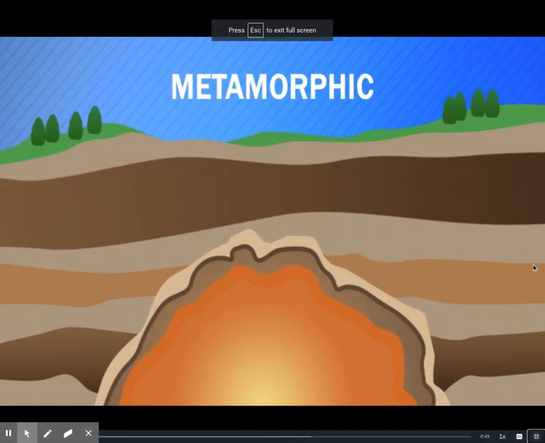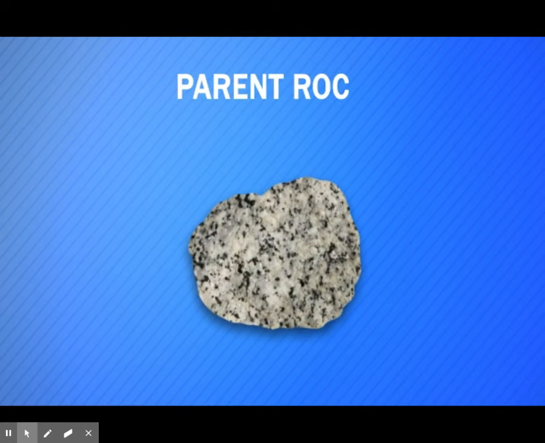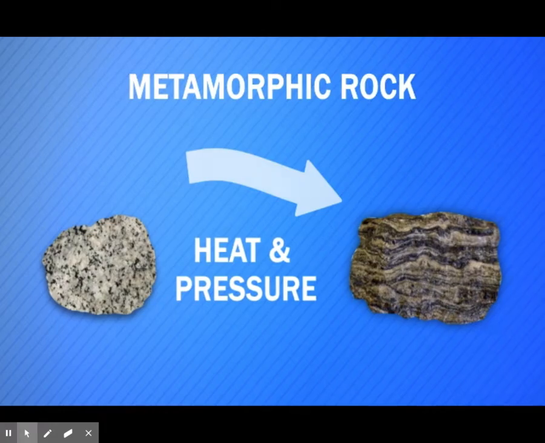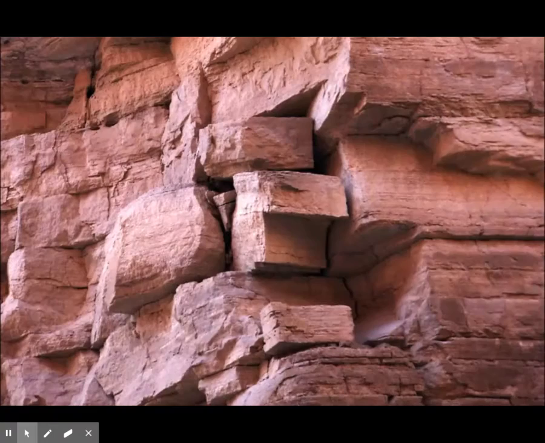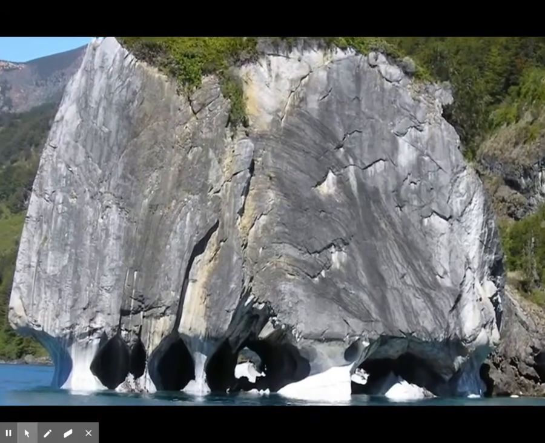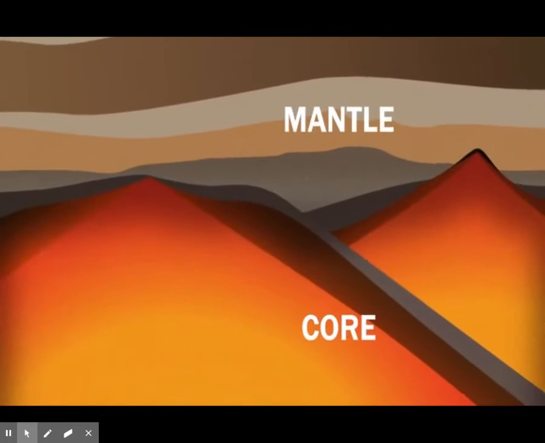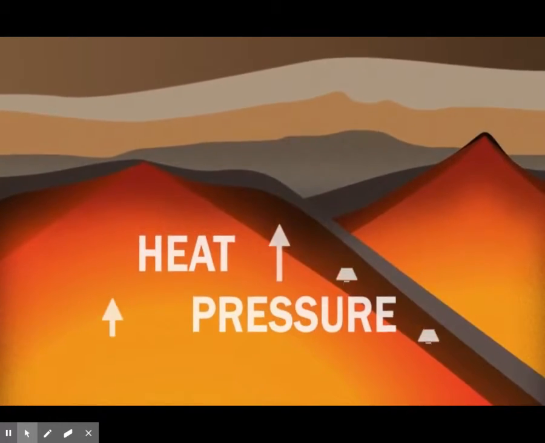Metamorphic rocks form when heat, pressure, and usually fluids change or morph the original or parent rock into a completely new rock. Igneous and sedimentary rocks become metamorphic rocks in this process. Metamorphic rocks can be metamorphosed as well. As we descend deep into the earth, both heat and pressure rise.